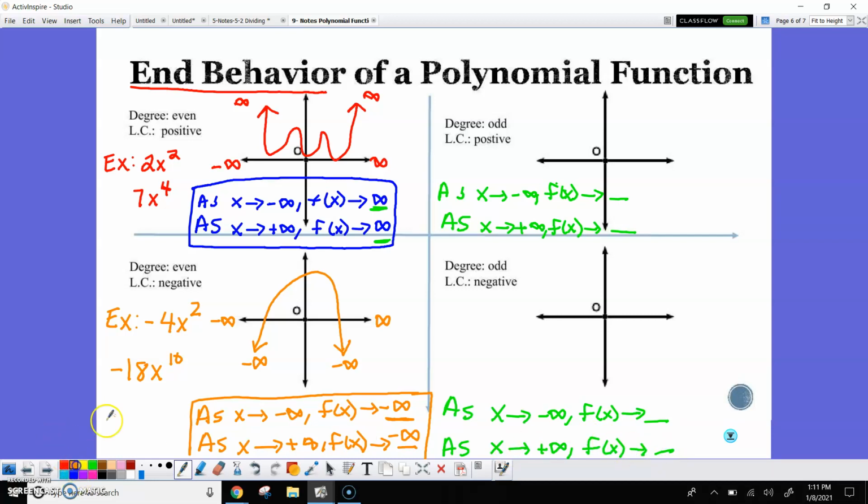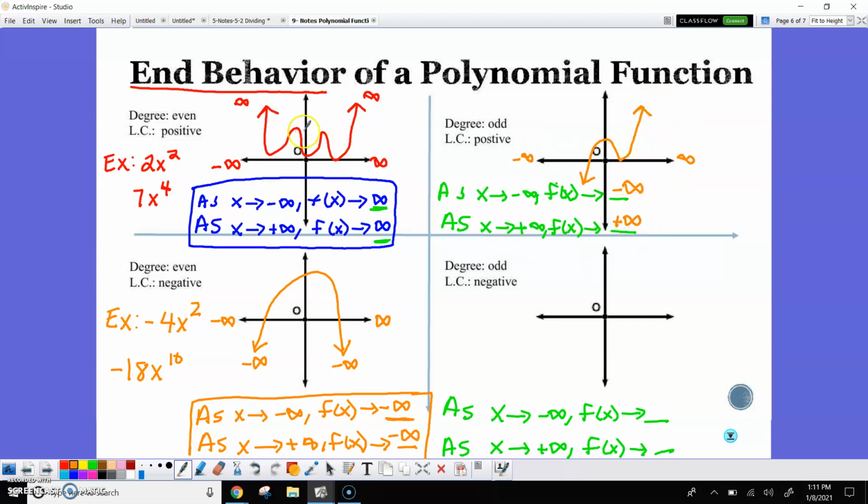So for an odd degree with a positive leading coefficient, odd positive means that it will go something like this. So here's negative infinity, here's positive infinity. As x is going towards negative infinity, this arrow is also going towards negative infinity. As x goes to positive infinity on the right side, this arrow is going towards positive infinity.